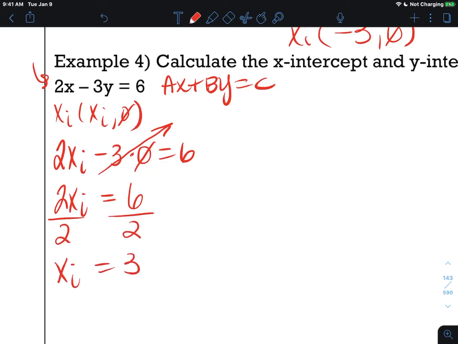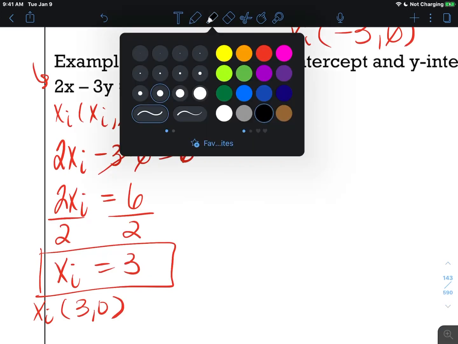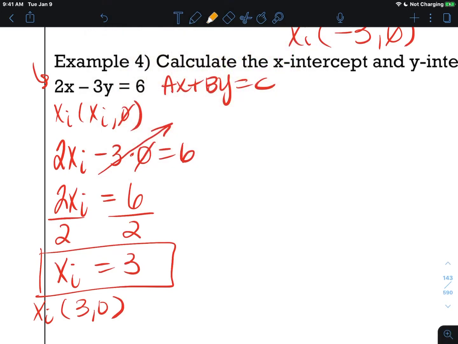X-intercept equals 3. So that means the point is located there. Okay, so I got my x-intercept. Noticing that my x-intercept, 3, is simply equal to my c value divided by my a value. 6 divided by 2 is 3. Okay, so it's just a good way to be able to check yourself really quickly.